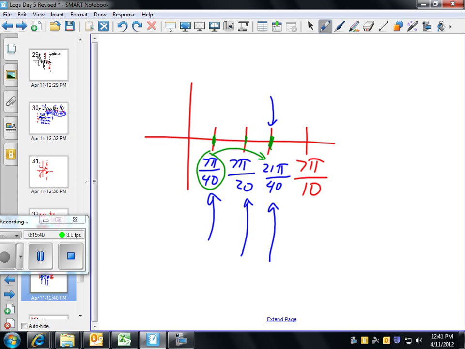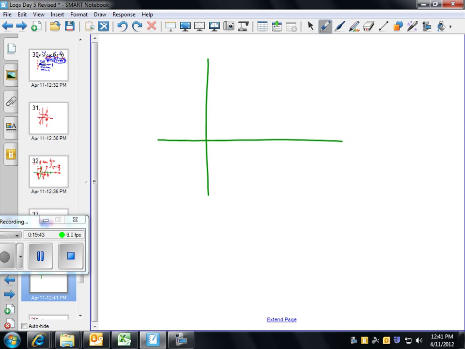All right, let's do one more like that, this will be simpler. Let's say it's 2 pi over 3. Do the halvesies thing. Half of 2 pi over 3 is 1 pi over 3. If you said 2 pi over 6, that's fine. It's the same thing as what I said.